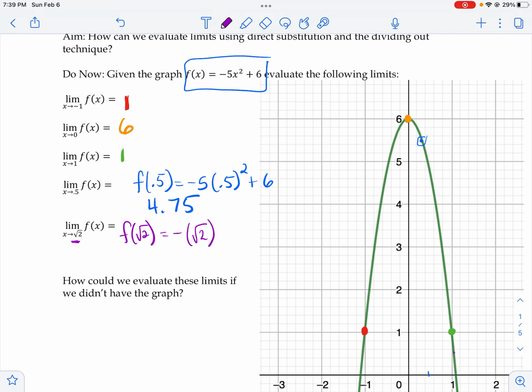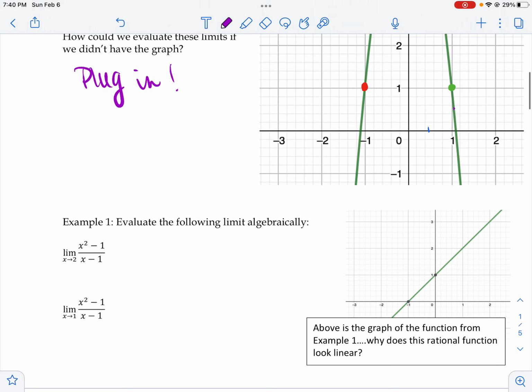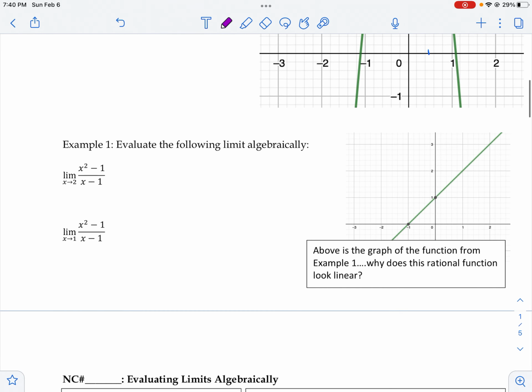Make sure you go out of the radical before closing. I forgot the 5, sorry. Squared plus 6, and you should be getting a -4. Okay, so all we need to do is plug in if you have the equation. When we just had the graphs on Friday, we had to look at the graph because we had no equation to plug into. Okay, another example here.